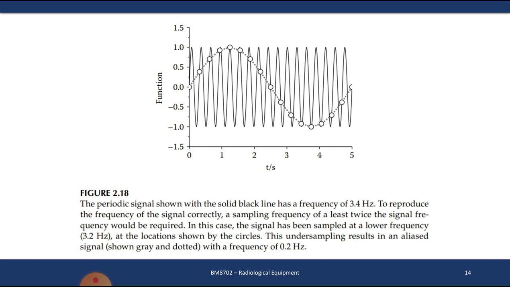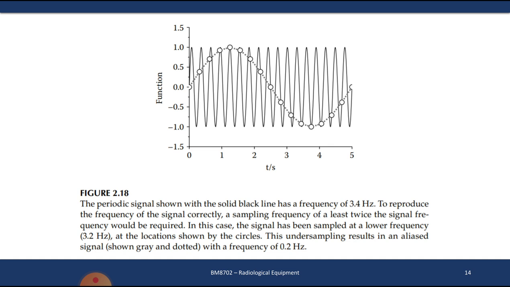The original signal has multiple upper and lower peaks, but in the reconstructed waveform you can see only one upper peak and one lower peak, so you have lost most of the information. That is why it is very important to follow the sampling theorem while reconstructing the signal.